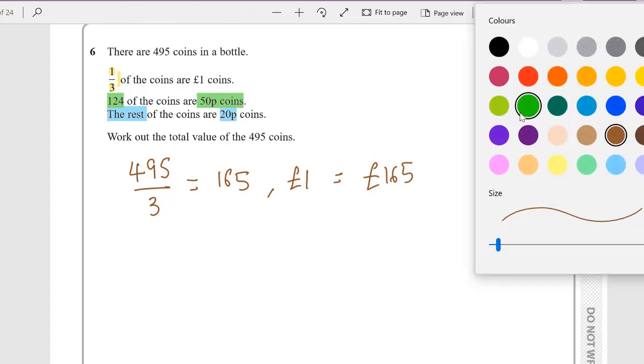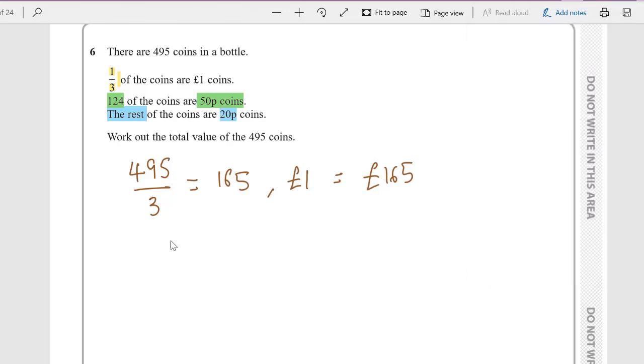And then we know that 124 are 50p. So that means that the 50p coins equate to £62.